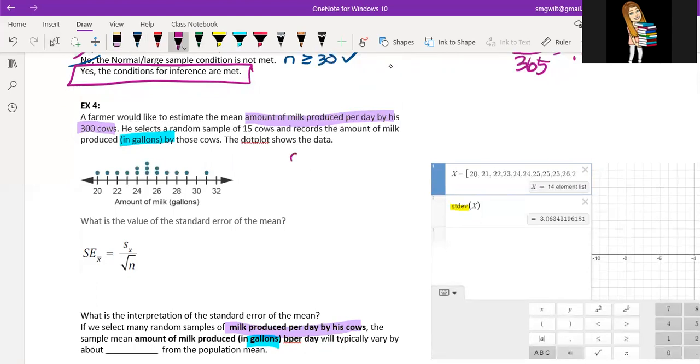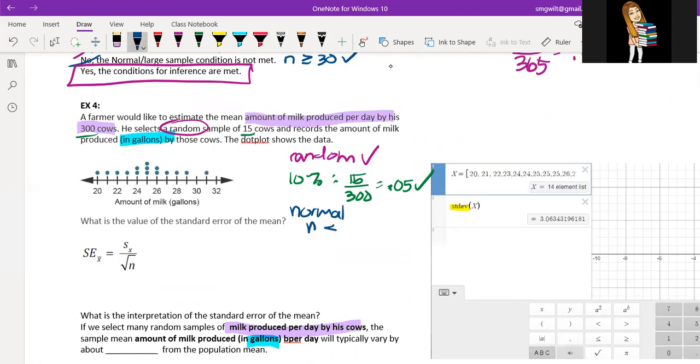So remember, we're looking for, does it meet the random requirement? He selects a random sample, so it does. Does it meet the 10% condition? We're looking at is 15 at most 10% of 300. If I divide 15 by 300, that's actually 5%, so that's good. And then last but not least, we're checking normal.